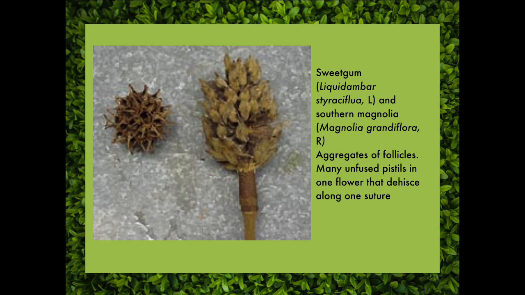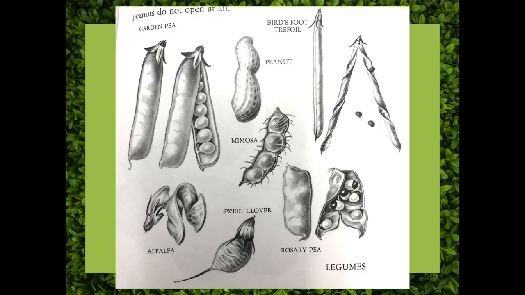So they open along one suture, but there's several pistils that are not fused together that form the fruit. So we call that an aggregate or a collection of follicles. So those unfused pistils dehisce along one suture.